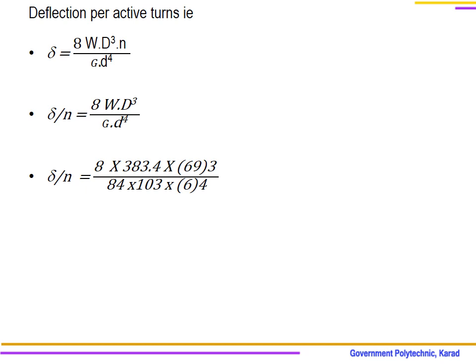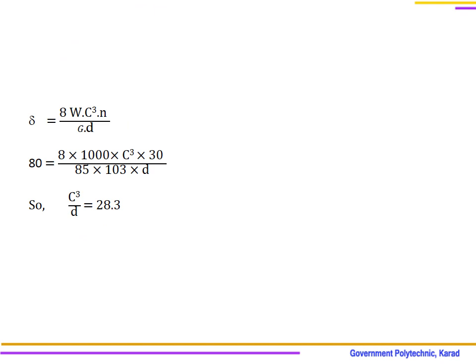So 8 multiplied by W, which is now 383.4, multiplied by 6 raised to 3, upon 84 into 10 raised to 3 multiplied by 6 raised to 4. So delta upon N, deflection per turn, becomes 9.26 millimeter. Thus, we have studied the load and deflection occurring in a spring.